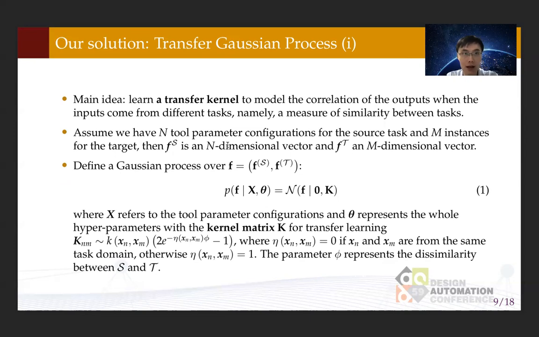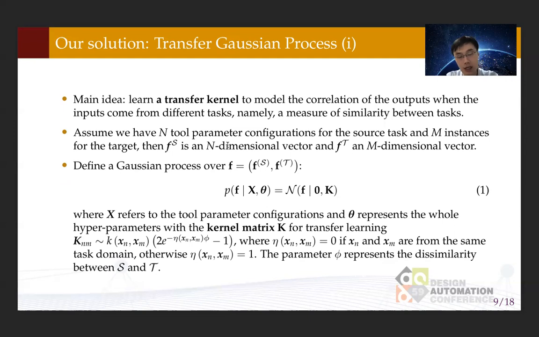We consider the joint distribution of the outputs of both tasks and define a Gaussian process on it. So now we get the kernel for transfer learning.